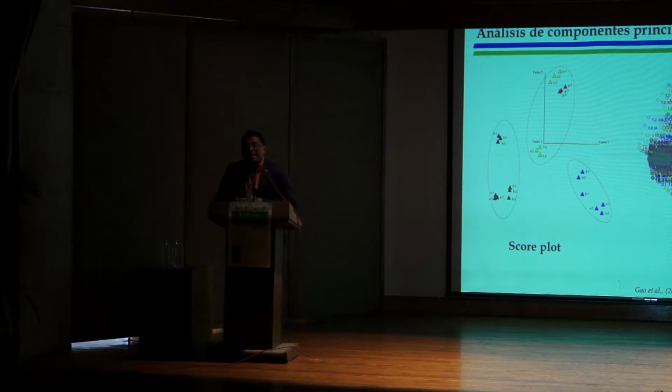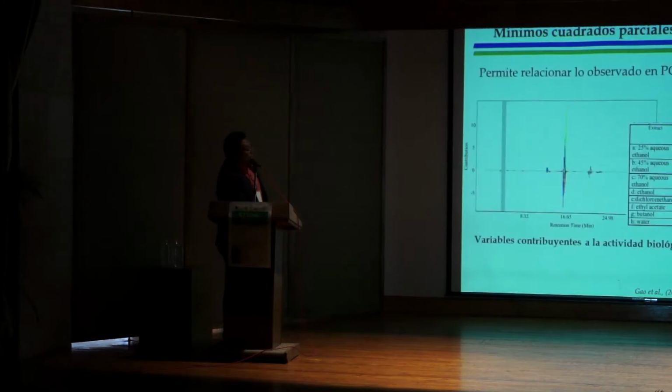So you cannot say for sure that this is happening until you do the next test, which is called PLS, partial least squares. It's when you do this partial least squares that you are going to use a Y variable.